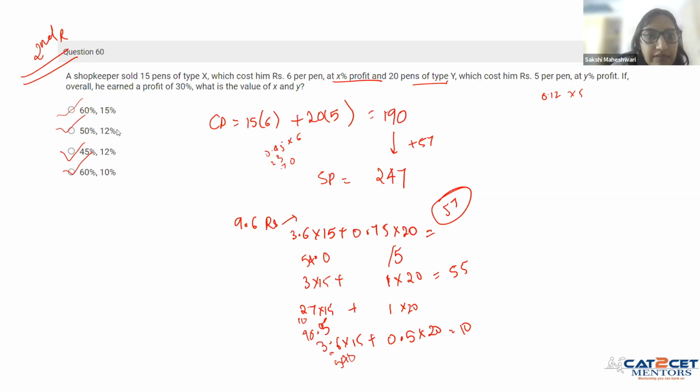Wait, one second. 50%, so 3 per pen here and 12%, that means 1 rupee here, and this is 20. Mm, how is B working? If overall he earned a profit of... one second. How are you getting B as the answer? Is B working for you?